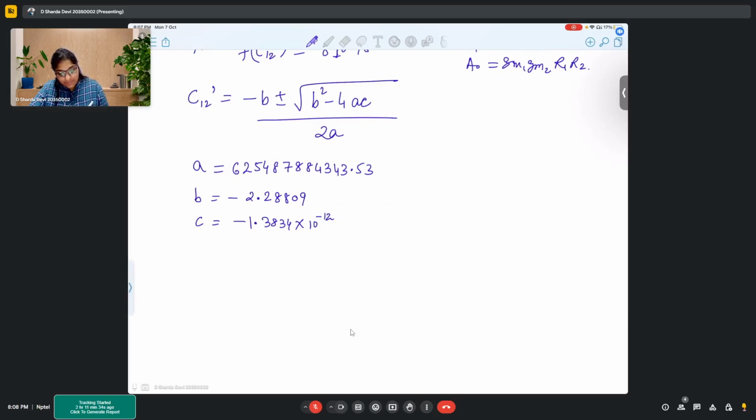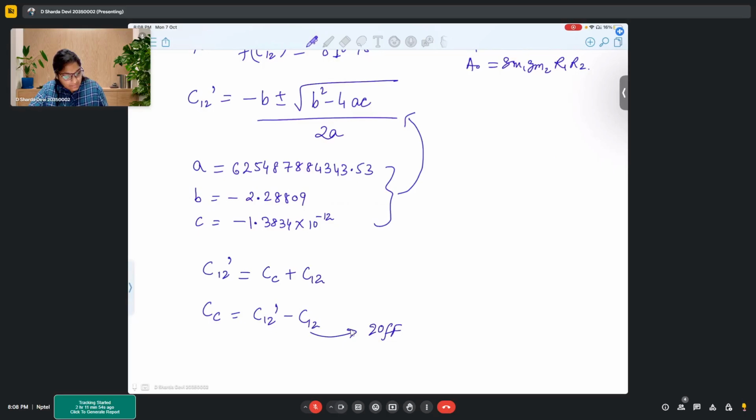Now from here, by putting all of these in, we can find the value of C12 dash, which is also equal to CC plus C12. So the value of CC becomes C12 dash minus C12, which was 20 femtofarad given in the question.